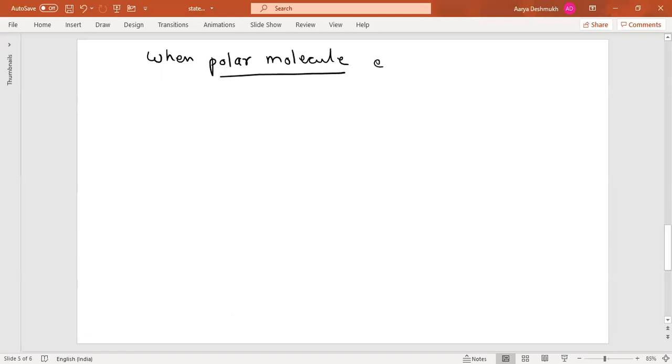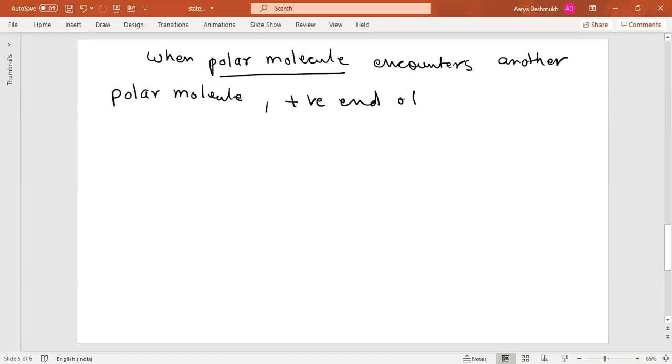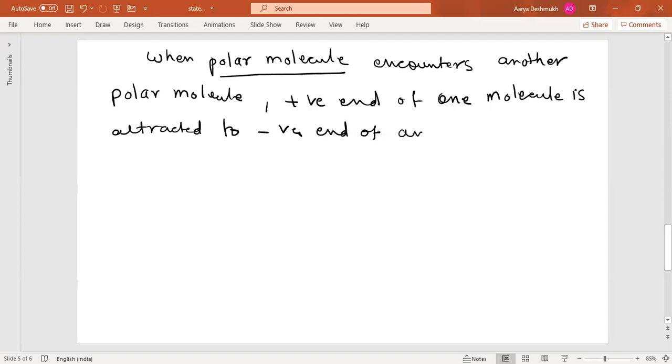So the positive end of one molecule is attracted to the negative end of another polar molecule.